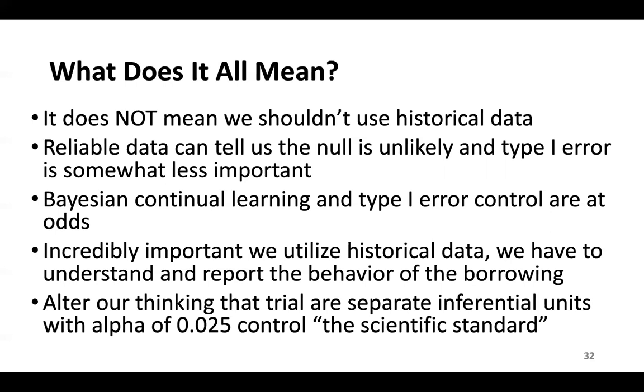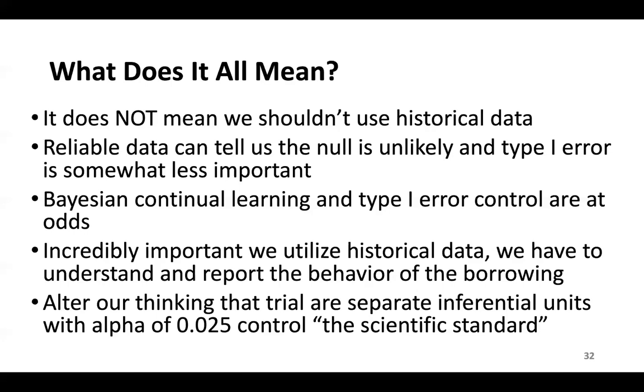You can read the Bayesian, the FDA draft guidance. They talk about using Bayesian analyses and the probability of incorrect conclusions. But again, if you approach this from type 1 error is what drives things, you lose all of the advantages of that data. So it's incredibly important we utilize that data.